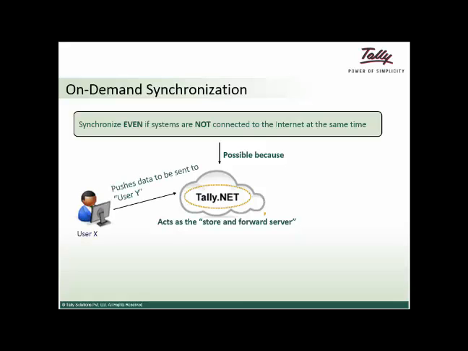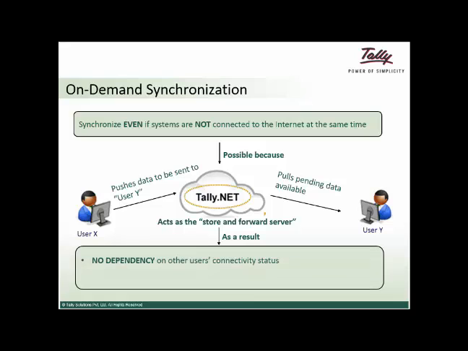Let us take up a scenario where user X pushes the data to user Y. The data gets stored in Tally.net. Currently, user Y is not connected to Tally.net, but once he is online, he connects to the Tally.net server and pulls any data which is available on Tally.net for him.